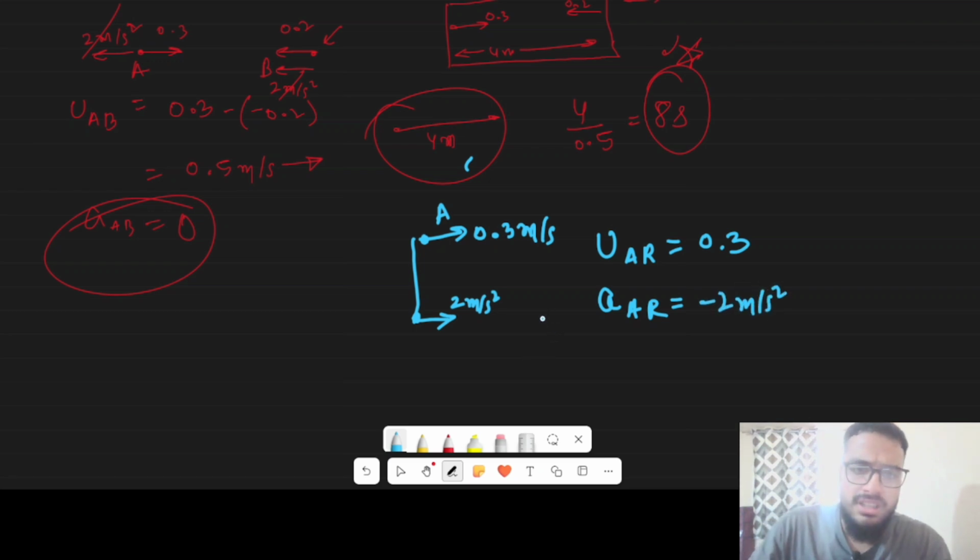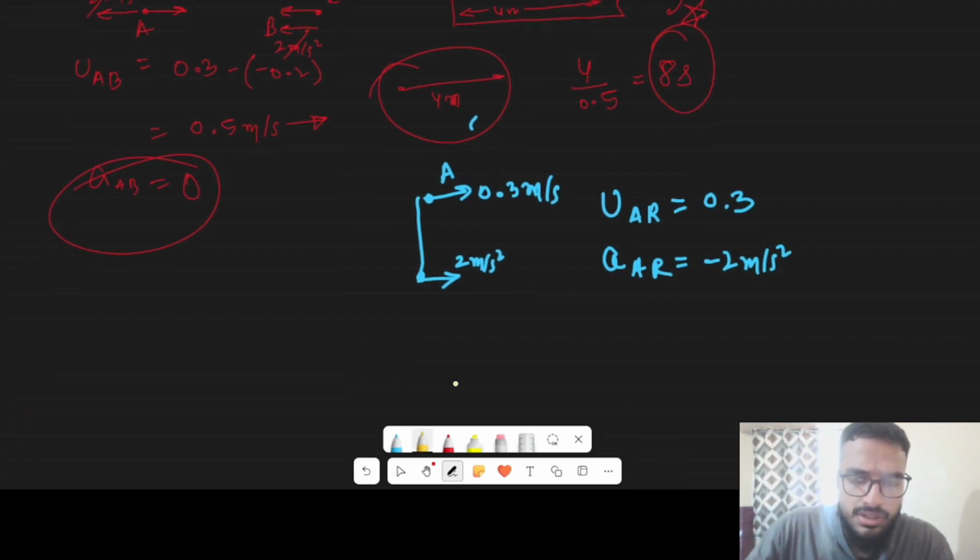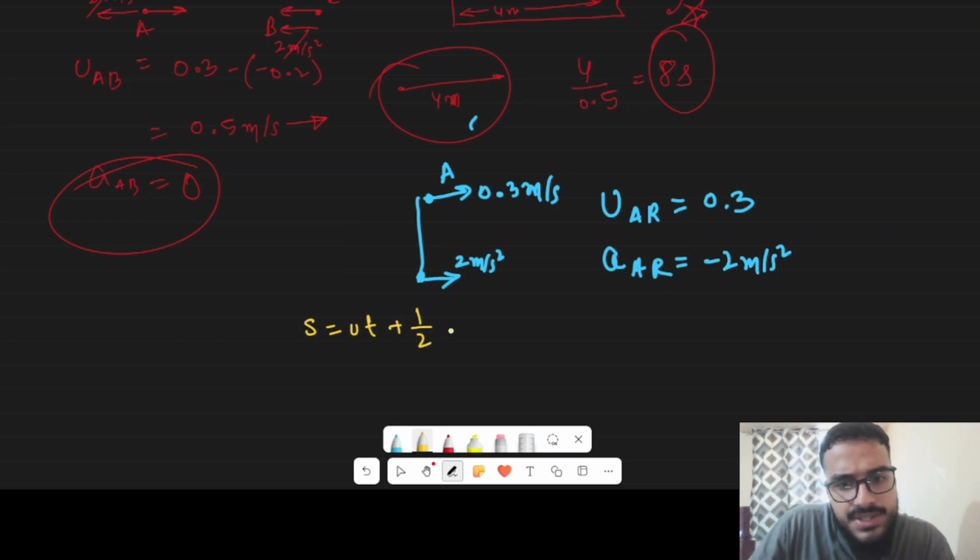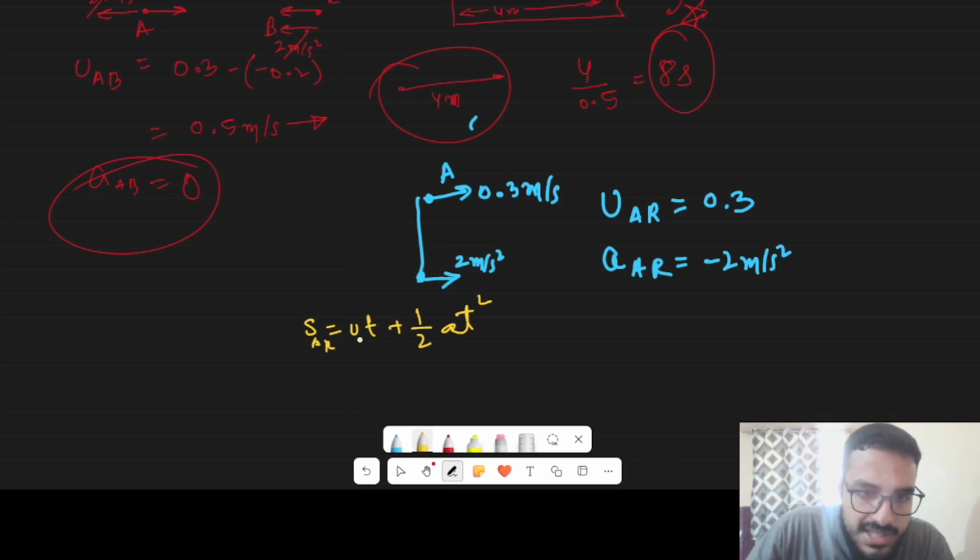Fine. Let's make an equation. Basically we are checking, is the wall of the rocket touching this particle or not? Can we say S is ut plus half at square? Yes. In this relative equation, S is S_AR, u is u_AR, the velocity of A with respect to the rocket. Acceleration is the acceleration of A with respect to the rocket.